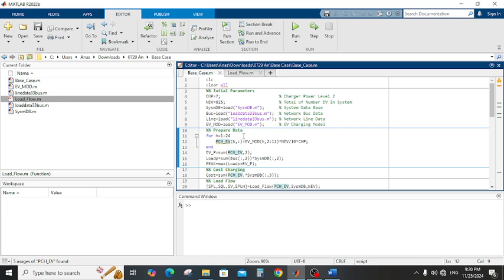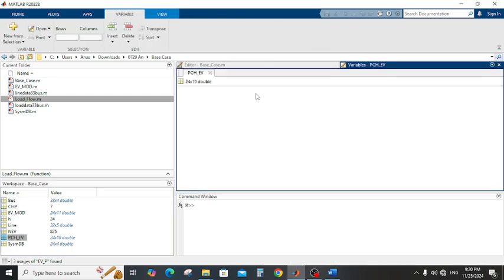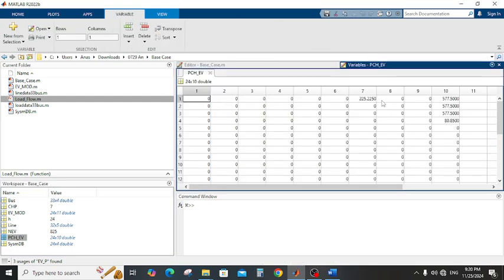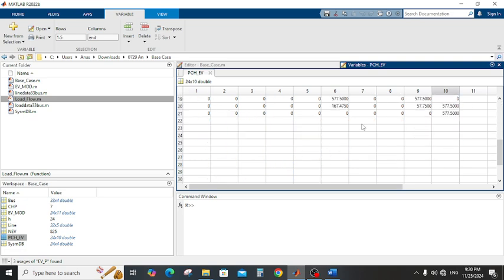type. And as you see here, if you run this now and open it, we have 10 profiles, this is type 1, type 2 to 10, and how much the power in each hour.